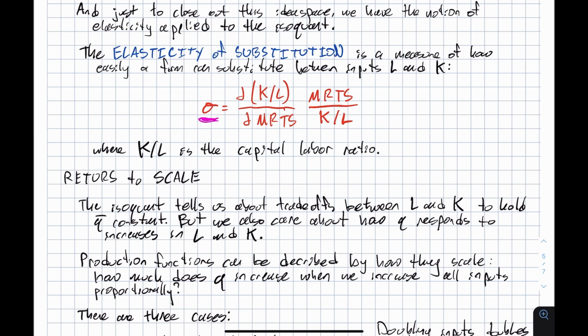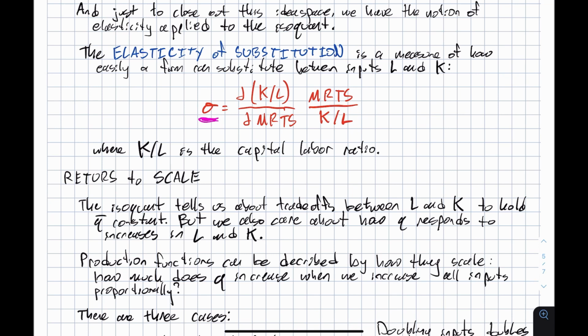So we're just looking at the marginal rate of transformation and looking at how it changes with our capital labor ratio. And then we just multiply it by the ratio. So this is our standard elasticity measure applied to the change in the capital labor ratio when we change the marginal rate of transformation.